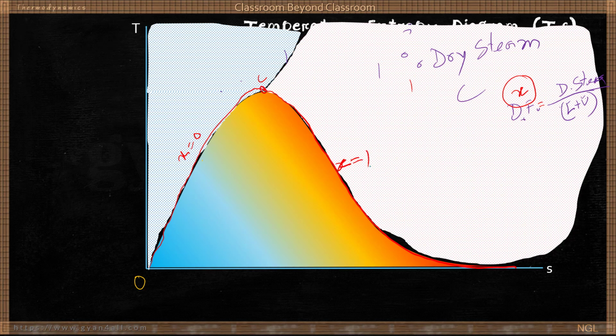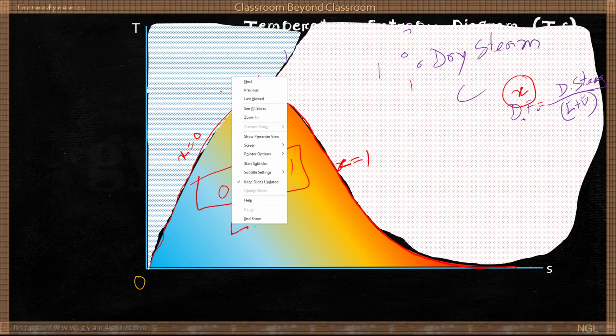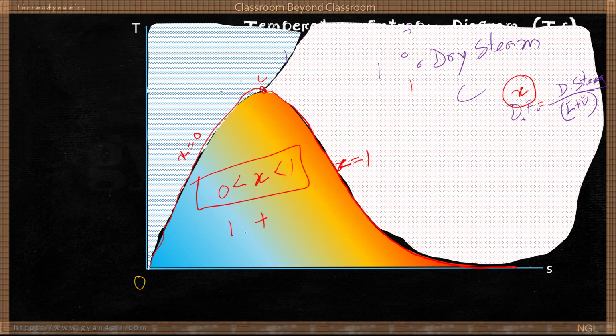That means this is the dry steam line or saturated steam line. And if we write in between x is 0 to 1, we are telling that this is liquid plus vapor, this is the liquid region, and this is the superheated steam region.